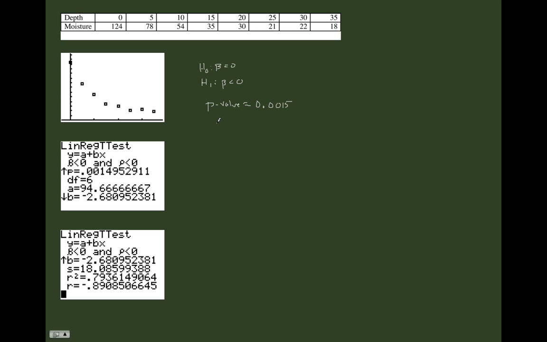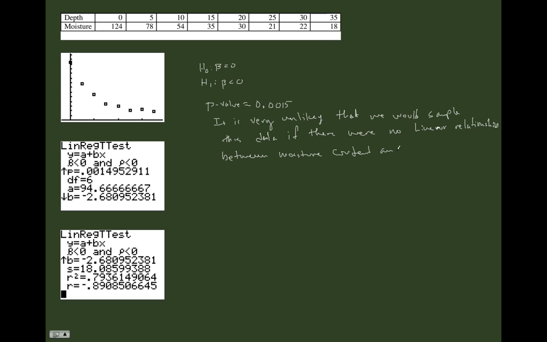This p-value tells me that it's very unlikely that we would sample this data if there were no linear relationship between moisture content and depth.